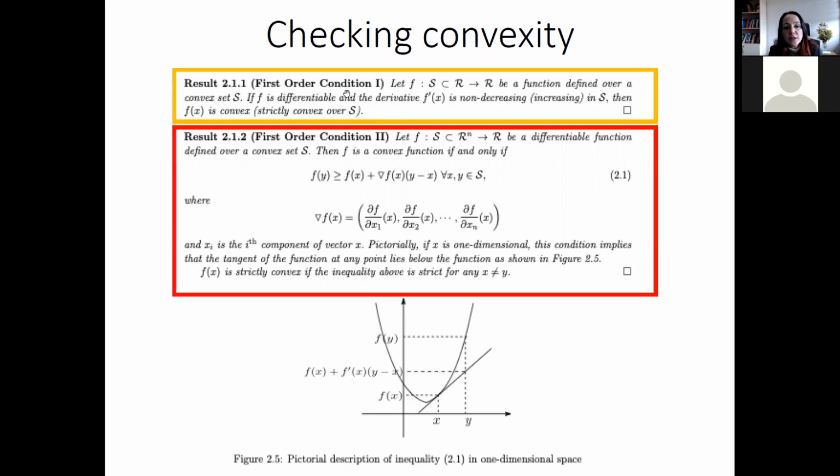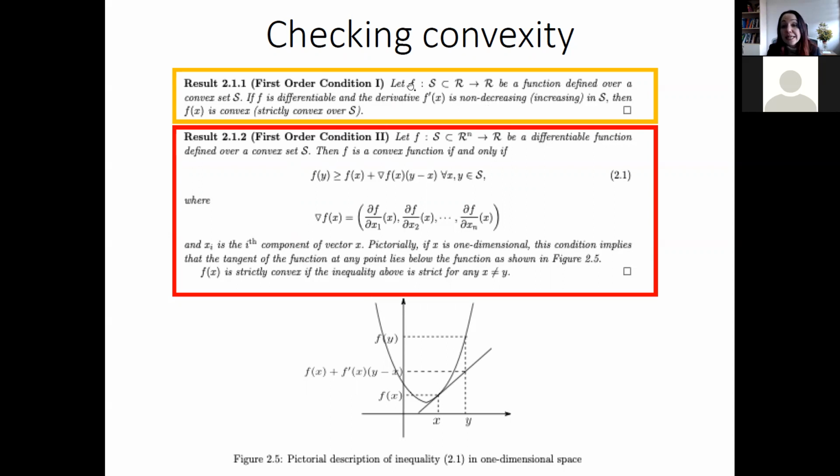So how do we check convexity? The first order condition for checking convexity uses the first derivative. If the function is differentiable, and this is not true for all functions or for all convex functions clearly, but if the function f is differentiable and the derivative f prime is non-decreasing in S, then f of x is a convex function.